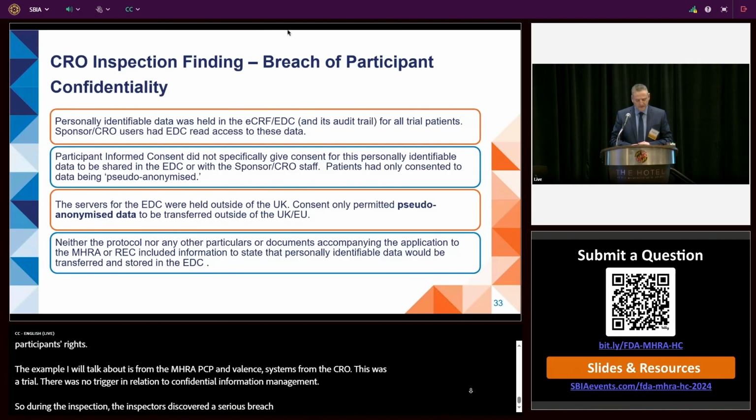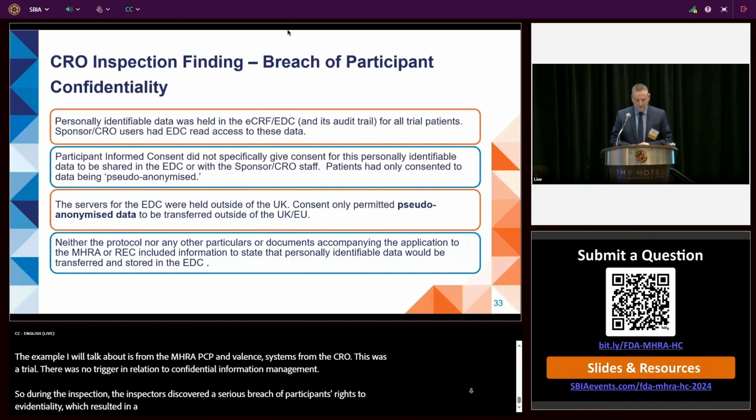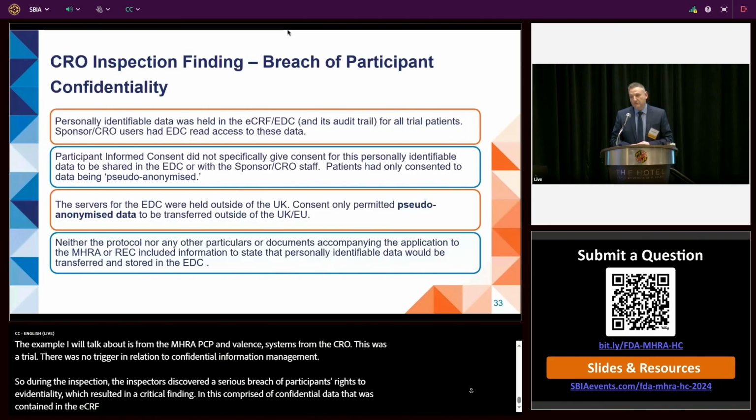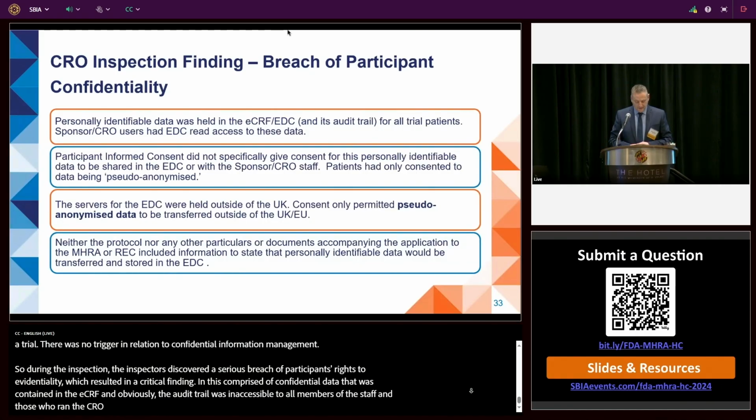Confidential data were contained in the CRF, and obviously its audit trail, and were accessible to all members of staff of the sponsor and the CRO who had view rights in the eCRF. The data was stored outside of the UK and EU, actually in the USA.